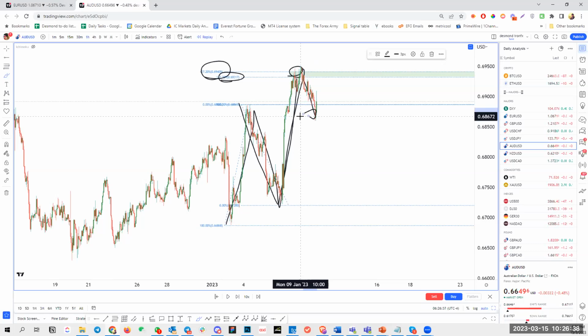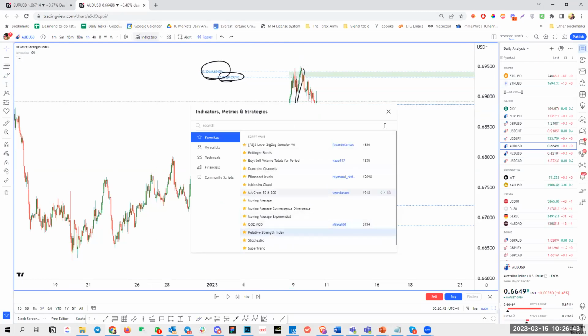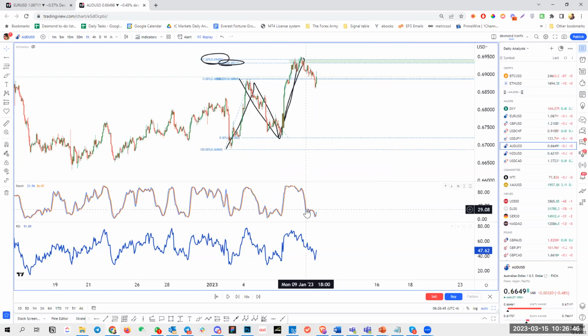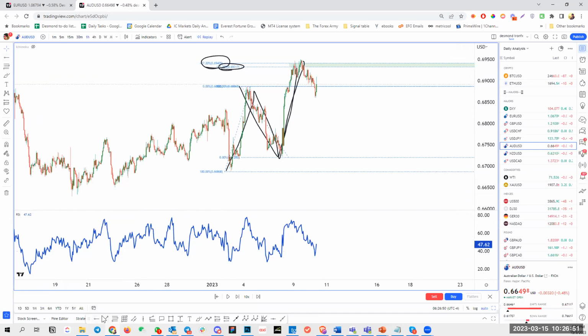Okay. Now, if you really want to improve your probability of getting a good trade, I believe you could throw in a little bit of RSI. Because you can see over here, for the RSI, when price was starting to do the reversal at the key level, it was a bearish divergence. Bearish divergence is when the highs of the price are going higher, meaning it's climbing, and in this case, RSI is going down.